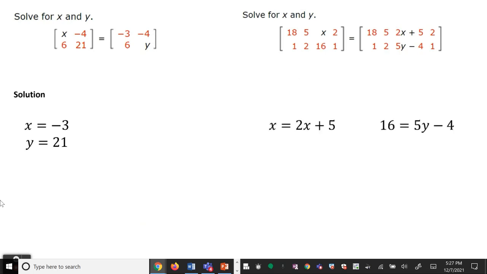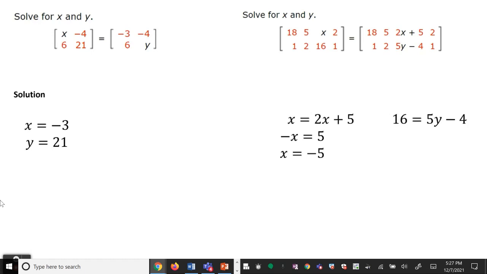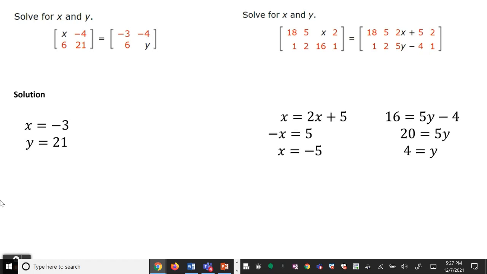Okay, and then the same for the 16, it should be equal to 5y minus 4, and then we can solve each of the equations. So for the first one here, if I subtract 2x on both sides, then I get negative x is equal to 5. Divide by negative 1, so we get x equals negative 5. And then for the second equation, I'm going to add the 4 on both sides, so I get 20 is equal to 5y. Divide by 5 on both sides, so we get y is equal to 4.